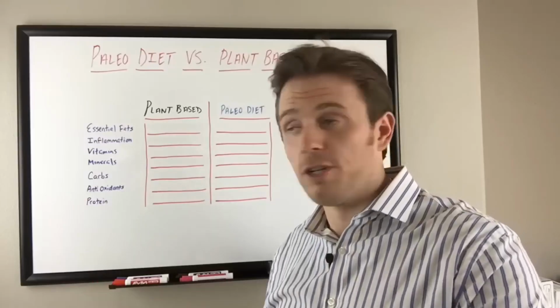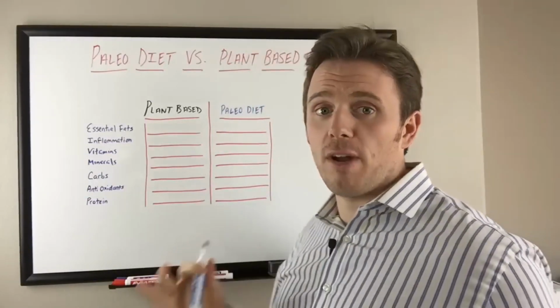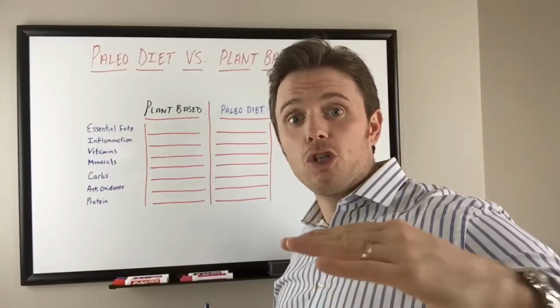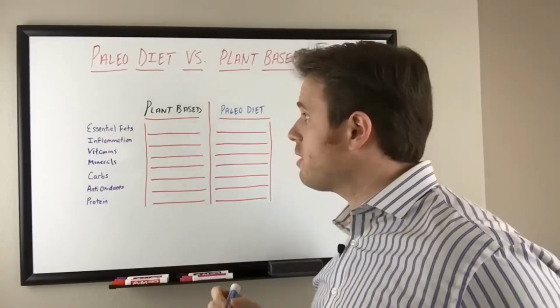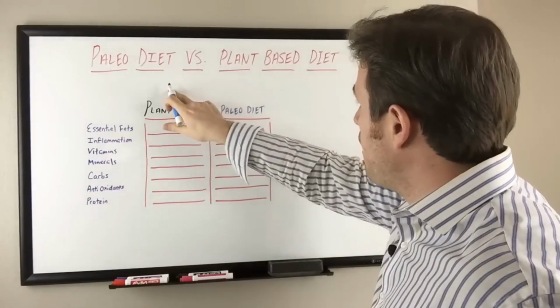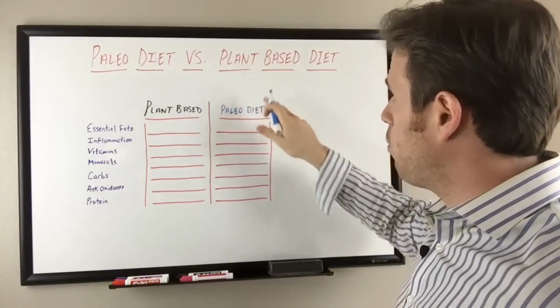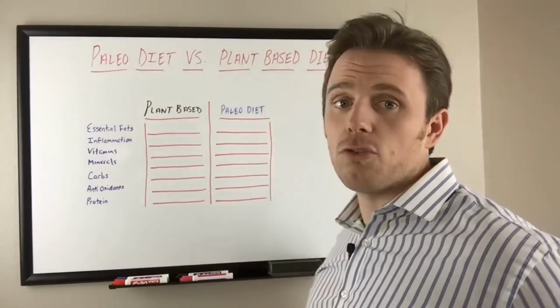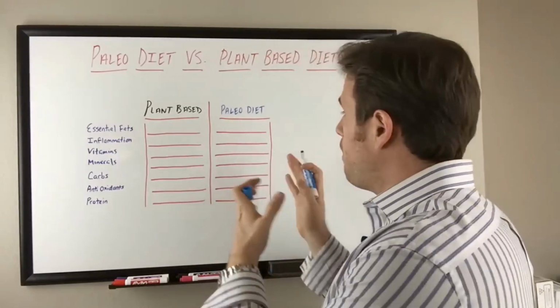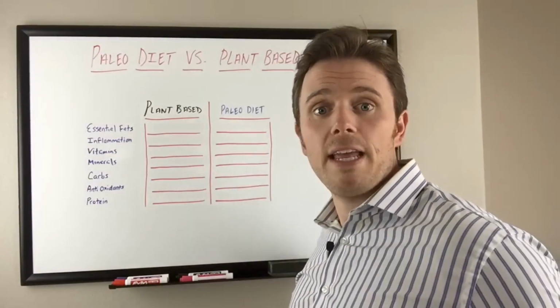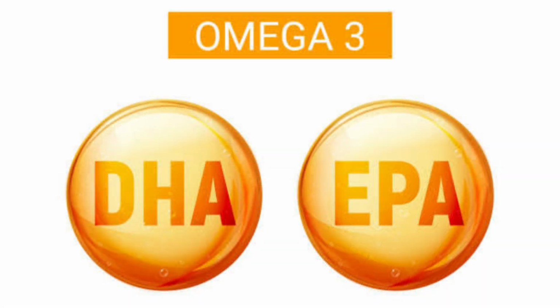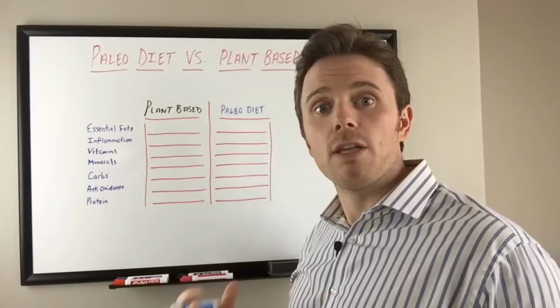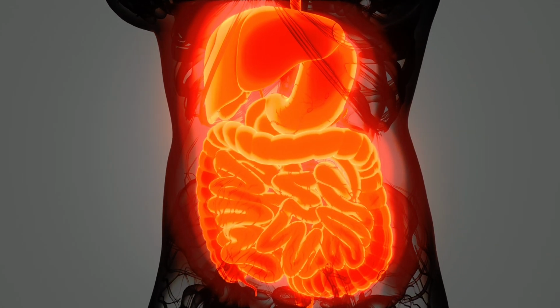So let's go down the list here. Like I mentioned, there's lots of great studies on this stuff. I'll put a couple in the show notes so you can look at them for yourself. When we compare a plant-based diet to a paleo template, we're going to have far better essential fatty acids in a paleo diet. We're going to be getting DHA and EPA fats, which are really important for reducing inflammation and for brain health.